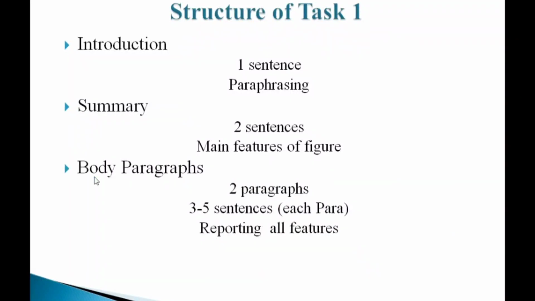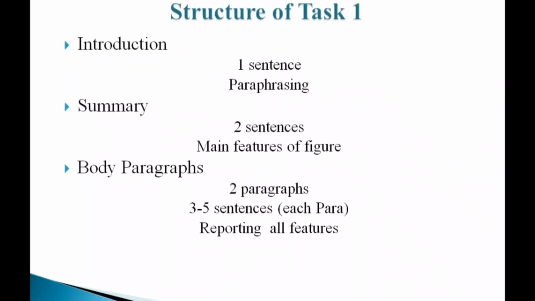The main features involve extreme points like maximum and minimum values. If the figure is a trend task, then you will mention increasing or decreasing trends. Similarly, if the figure is a process diagram, you will mention the number of stages involved in manufacturing of some product, the total number of processes.